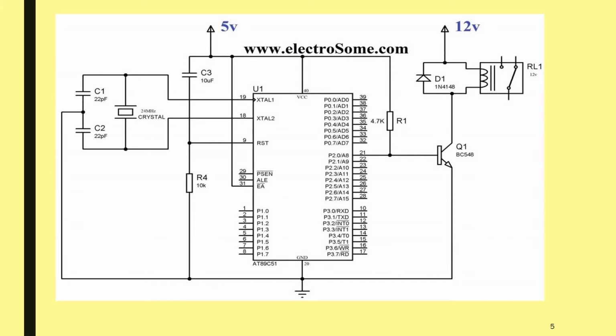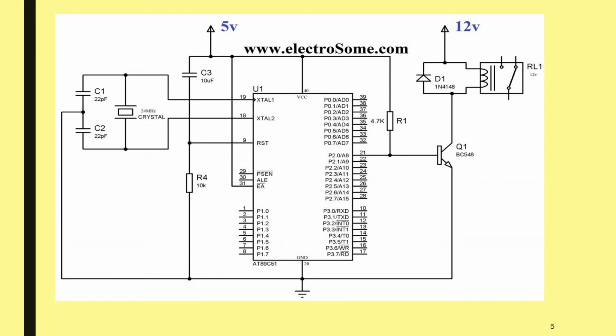Here you may connect any load, like a buzzer, a lamp, or any other alarm. Whatever you want to switch from one state to another, for example a bulb or a lamp, can be done very easily. So the general interfacing diagram is shown.